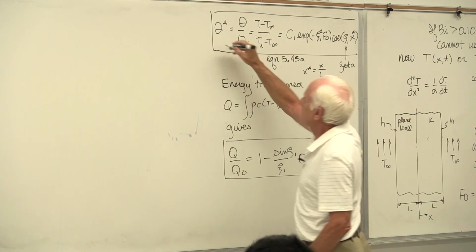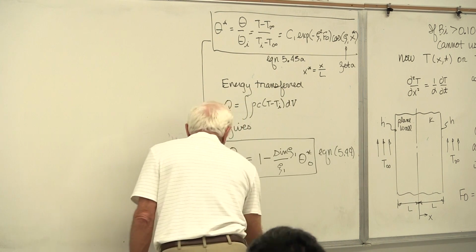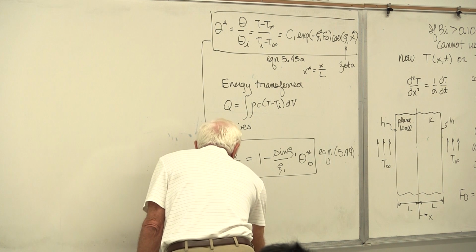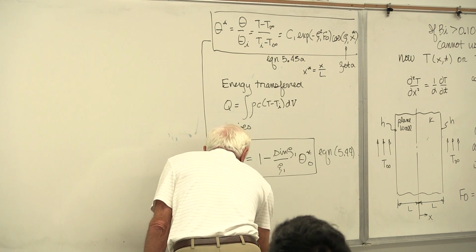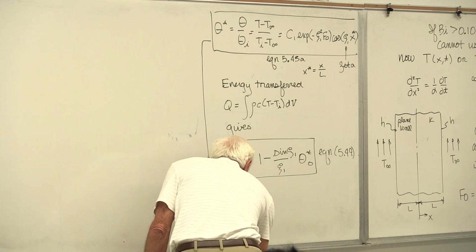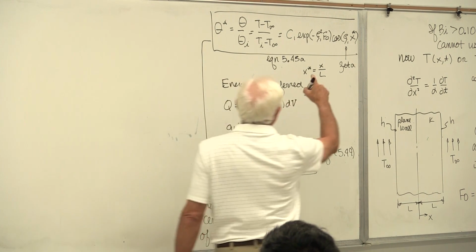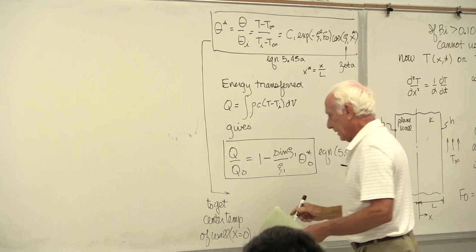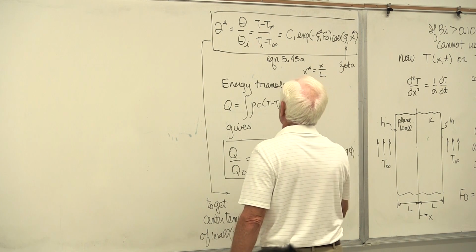If you want the center temperature of the wall, that occurs at x equals 0. Just put the 0 up here for x star, of course. And that is cosine of 0, which is 1.